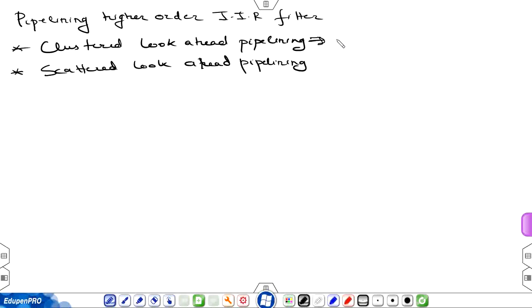This clustered look ahead pipelining technique results in a linear increase in hardware, and it does not guarantee a stable system.